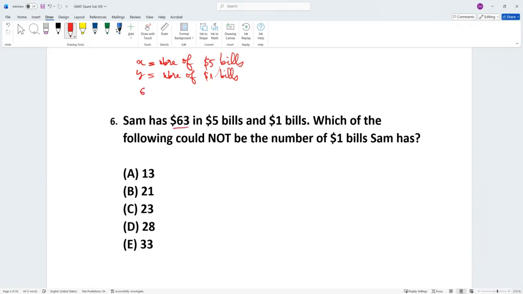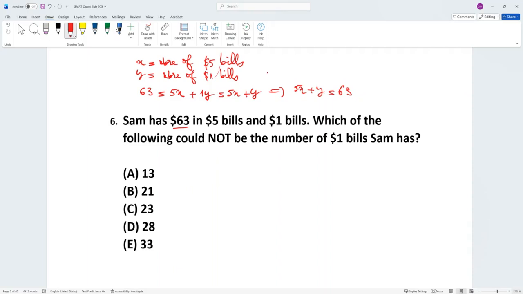So that means we have 63 is going to be equal to $5 times the number of $5 bills plus 1 times the number of $1 bills, Y here. So this is basically equal to 5x plus Y. So we can even write it like this: 5x plus Y is equal to 63.